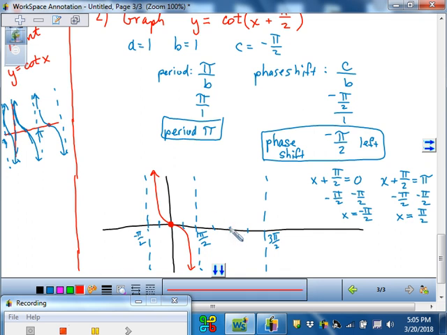Halfway in between, we will have our midpoint, rising to the left, falling to the right, and then the same thing over here at negative 3 pi over 2. Another asymptote, and a point in the middle, rising to the left, falling to the right.